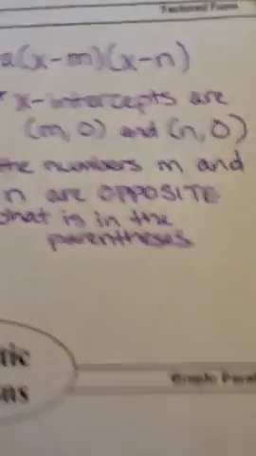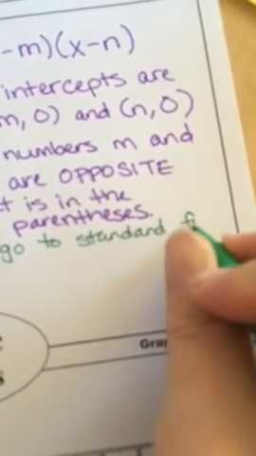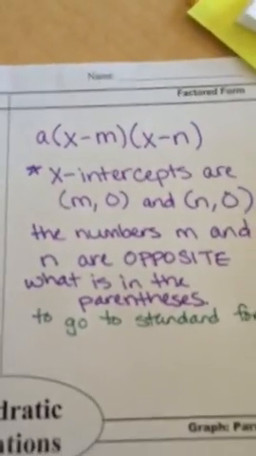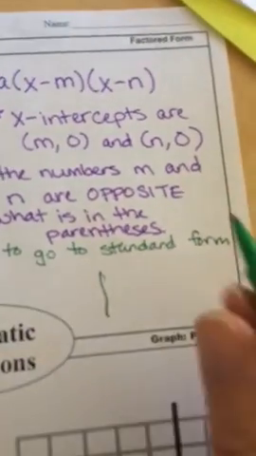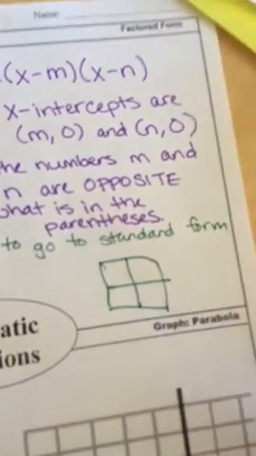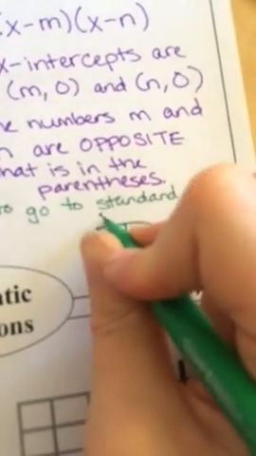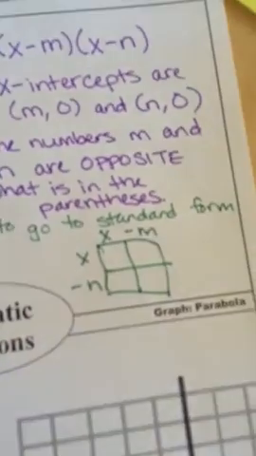How do I change to go to standard form from factored form? I'm going to use my box, and I'm going to do (x minus m) and (x minus n).